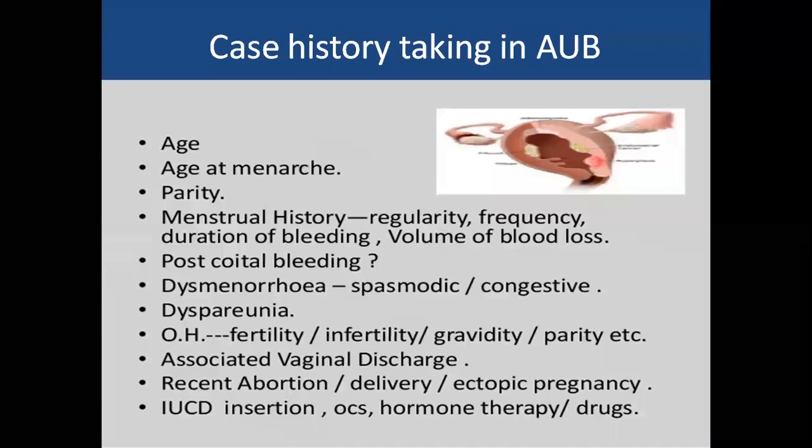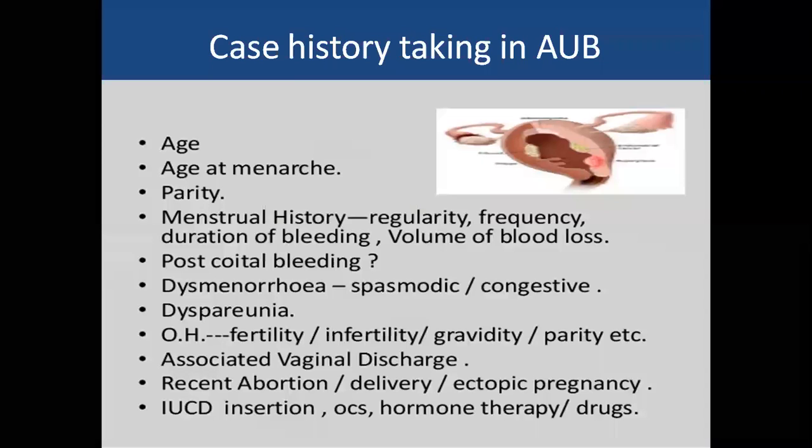In the treatment options, you can also give the option of hysterectomy. Whereas for postmenopausal bleeding, you have to exclude malignancy. So the etiology varies depending upon the age of the patient. So age is a very, very important factor in history taking in case of AUB.